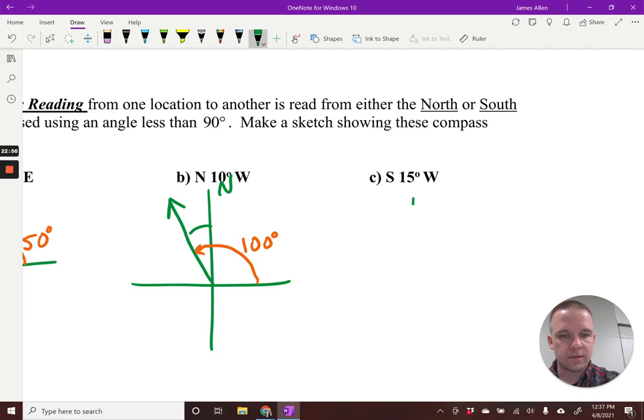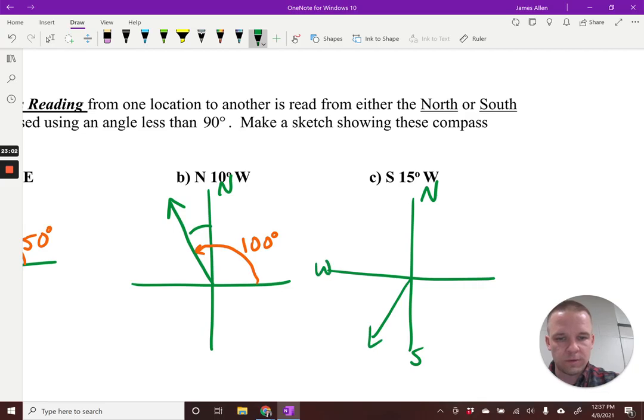South 15 degrees west. So here's my north. This is my south. To the west, here's west. This would be 15 degrees off of south. So what's my trig value then? Well, for my trig measure, I've got 90, 180, and then I have to continue another, what would that be? 75.